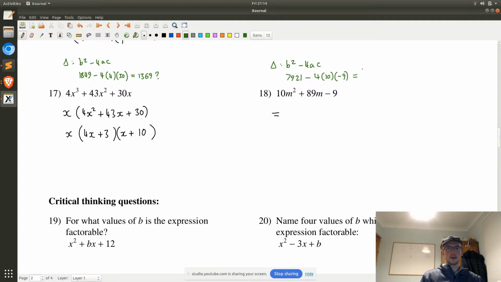So that's 7921 plus 360, which is 8,281, which is 91 squared.